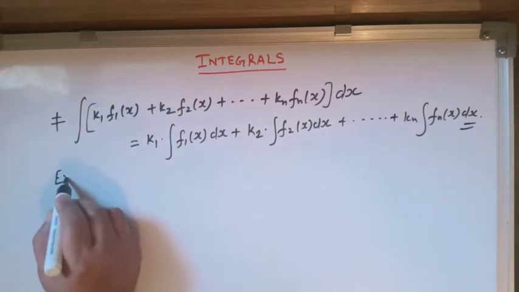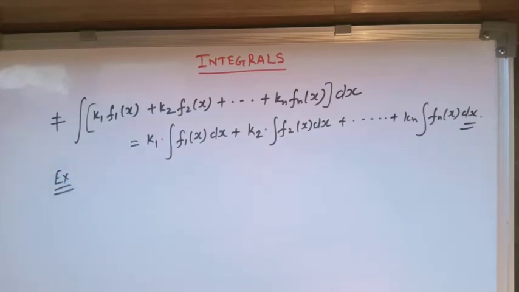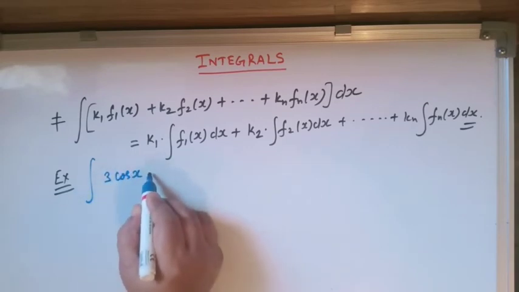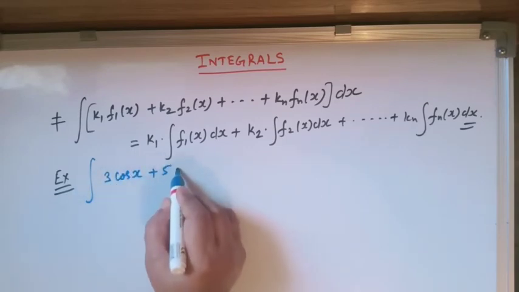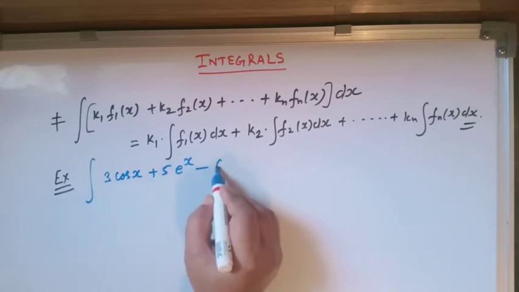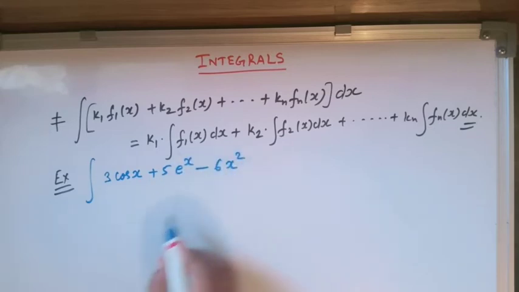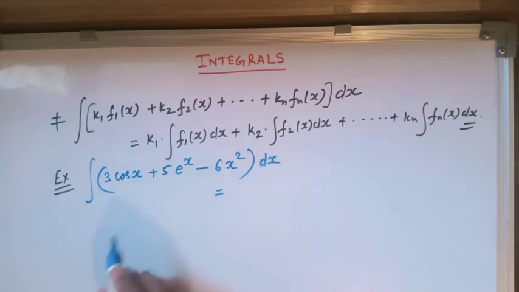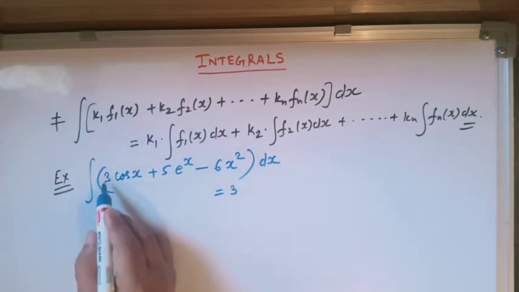Here we can quote an example. If we have the integral of 3 cos x plus 5 e raised to x minus 6 x square, then by making use of this property, we can write this expression by taking 3 outside.